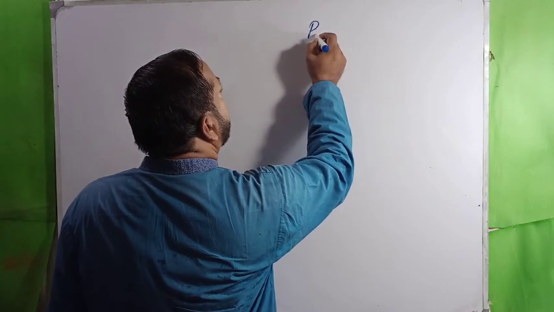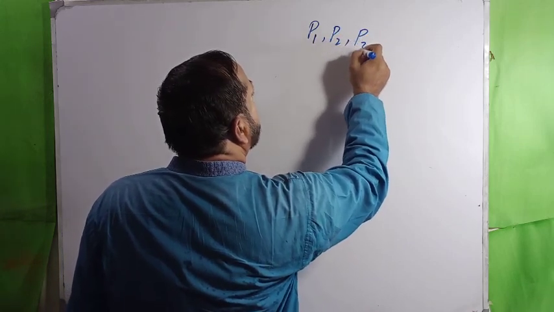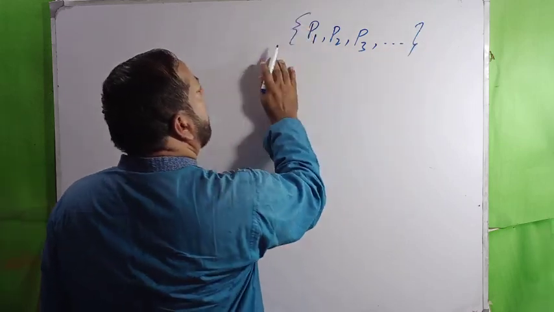Further, say P1 is the first partition, P2 is the second partition, P3 is the third partition, and you have an infinite set of partitions.